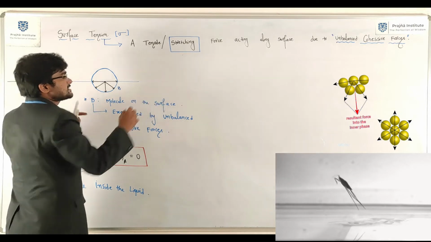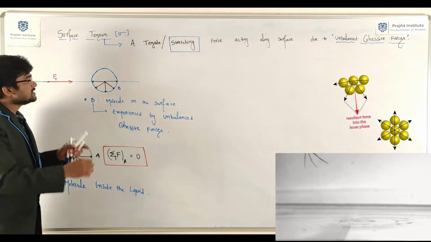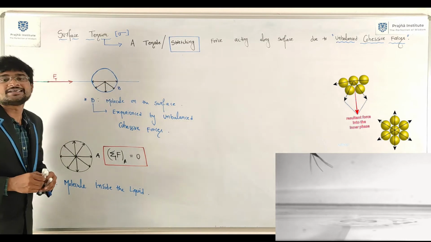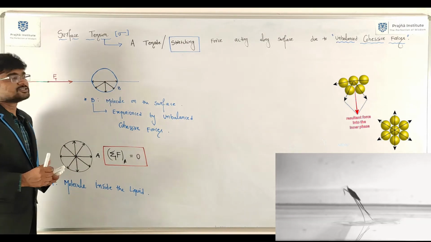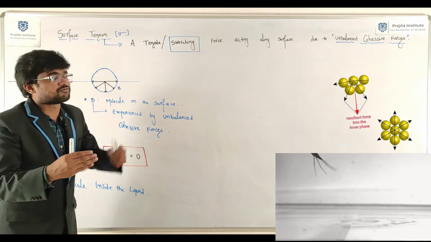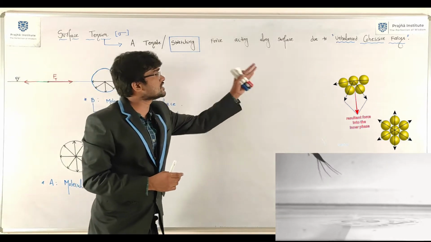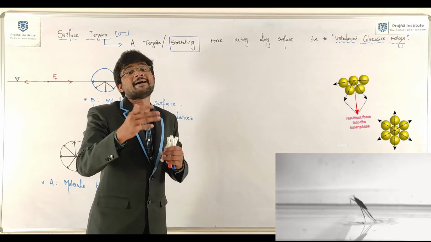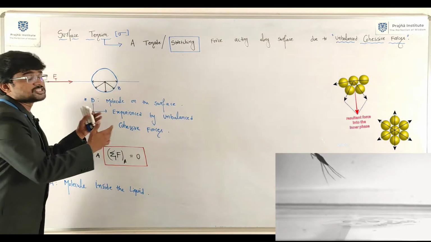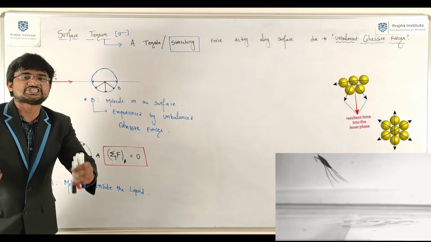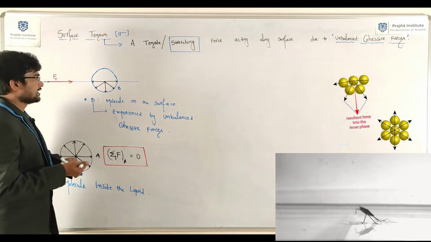The surface experiences a stitching force due to unbalanced cohesive forces. So, the magnitude of the tensile or stitching force acting along the surface due to unbalanced cohesive forces, this phenomenon is called surface tension.